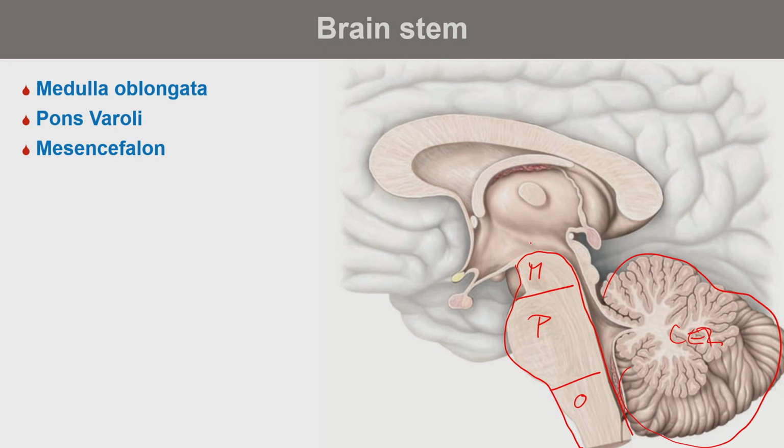Brainstem has connections upwards and downwards with the diencephalon and telencephalon, and also the communication with cerebellum. The last direction of communication is with spinal cord.